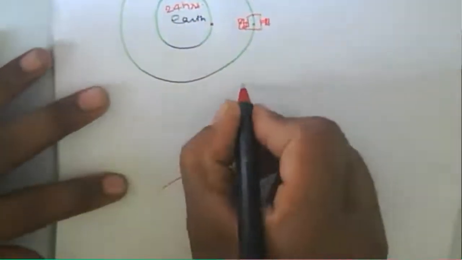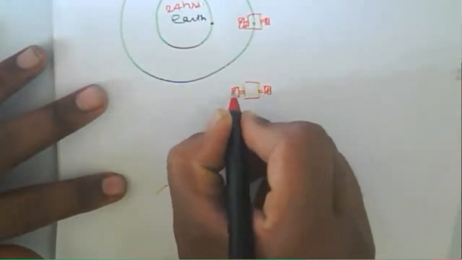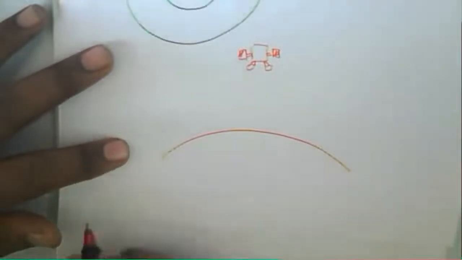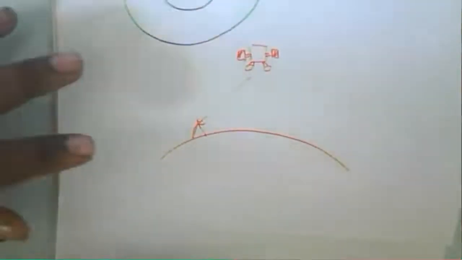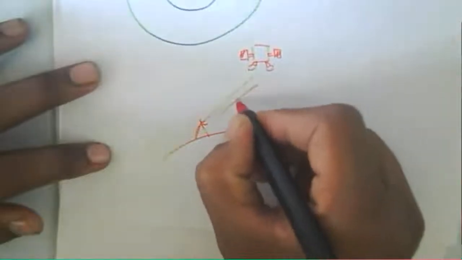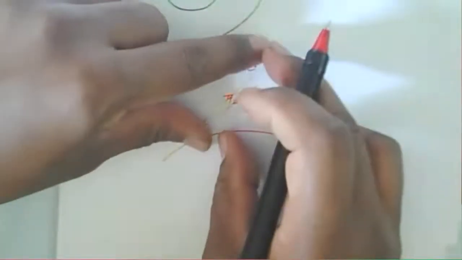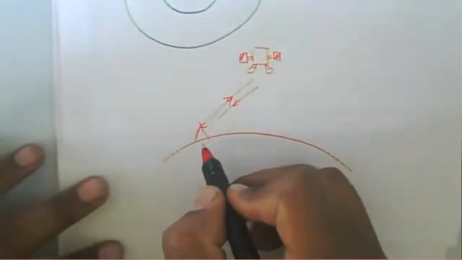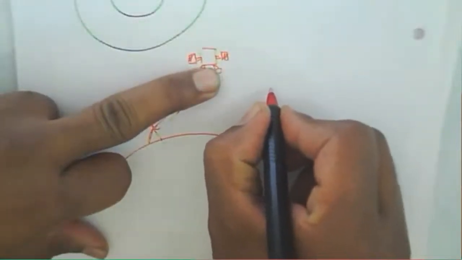If you see from the observer point, there is a satellite in space here. From the ground station, the satellite will look like it is in the same position. It is fixed.